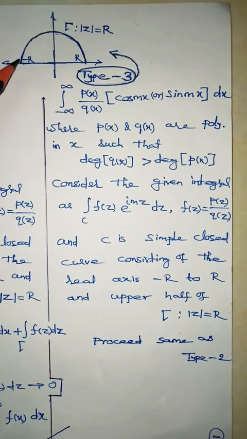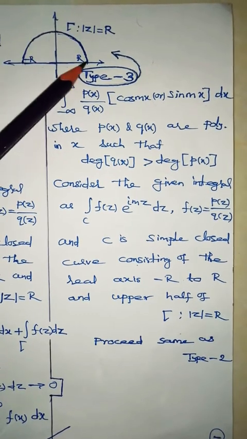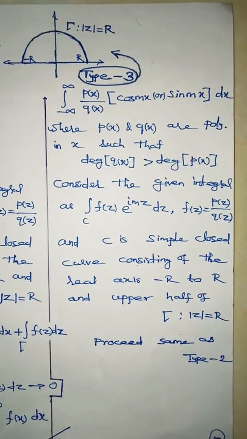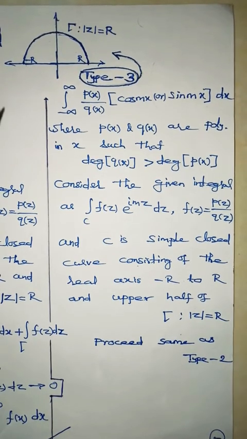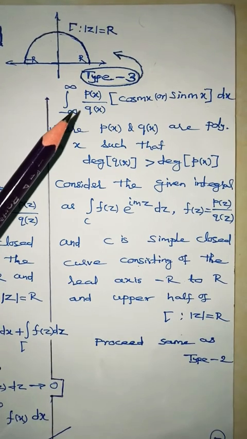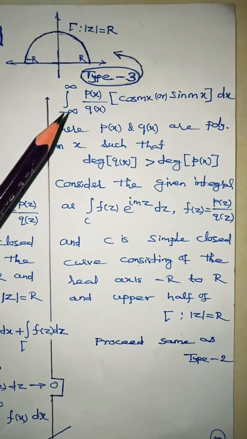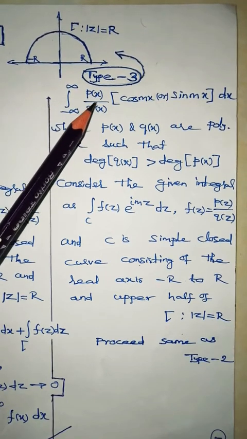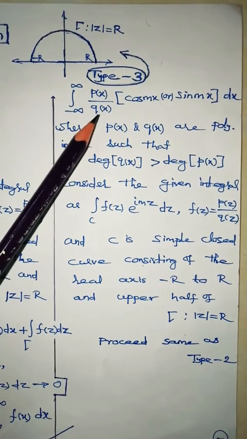It consists of two parts: this arc gamma and the real axis from minus R to plus R. What is new in type 3? The main difference between type 2 and type 3: the limits are the same, minus infinity to plus infinity, of the rational function p(x) by q(x).